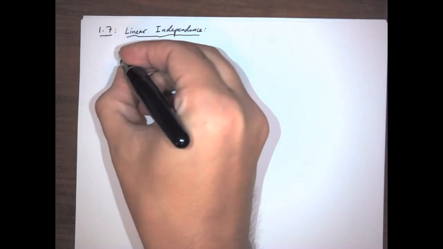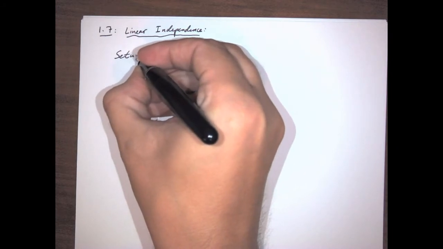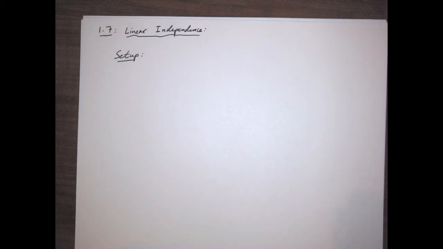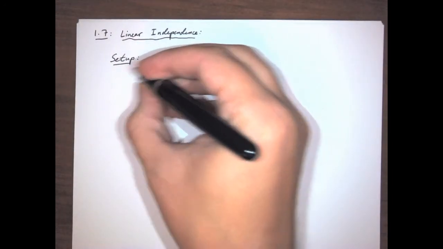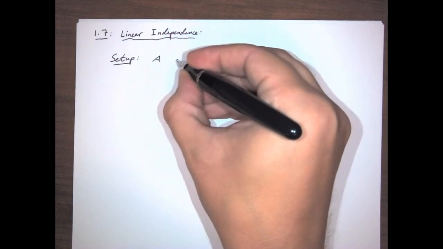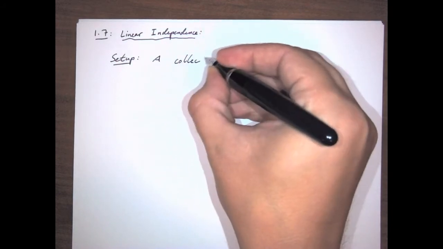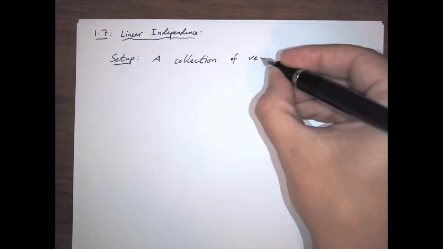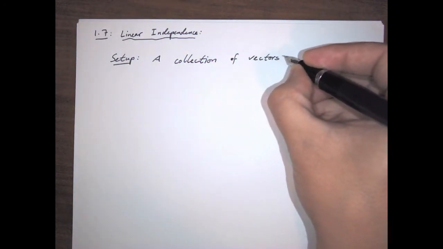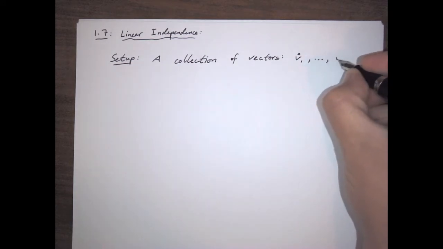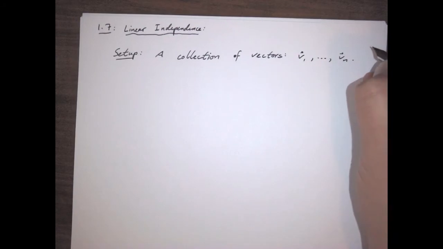So first off, let's talk about what we are working with here. The setup is we have a collection of vectors, v1 through vn.